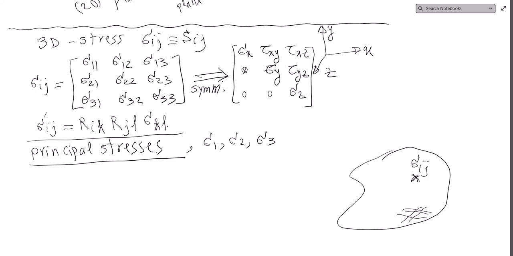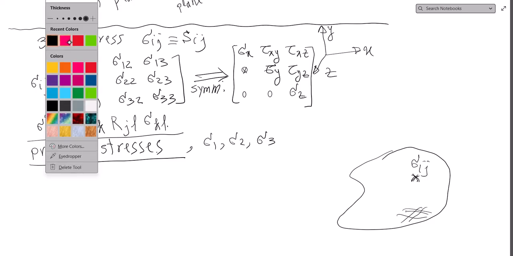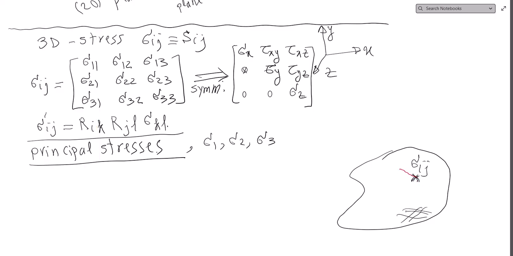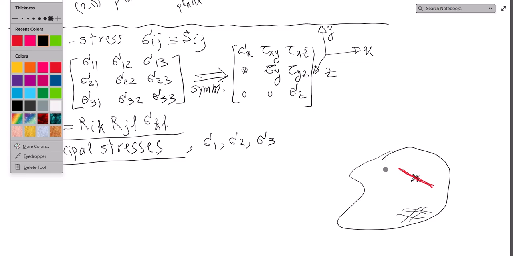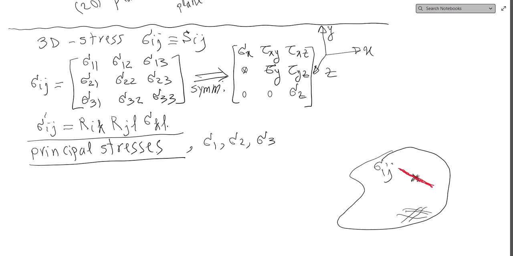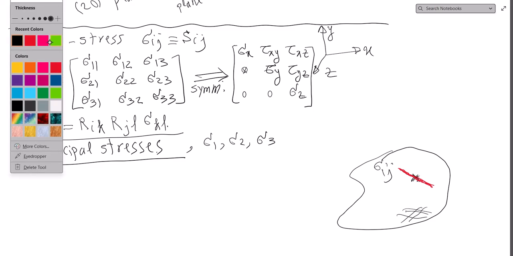Now, if I come here and choose a surface direction, we draw sigma ij at this point, and then this is my plane.